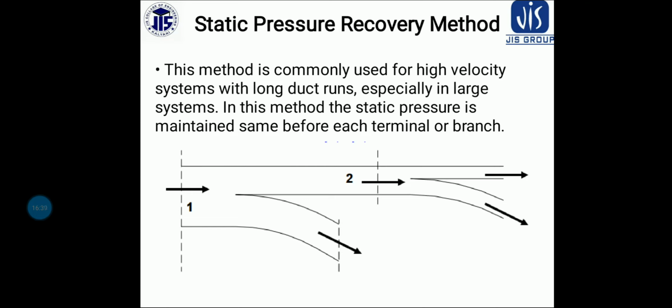Conversely, it is equal to the increase of static pressure possible when the velocity is reduced to zero, and it is always positive. I hope it is clear: the dynamic pressure will always be positive, but the static pressure may be positive or negative.